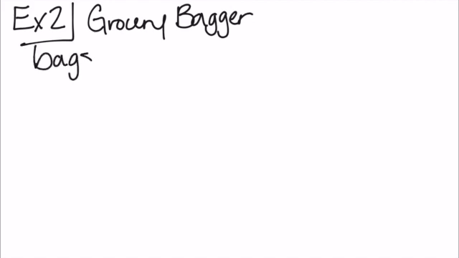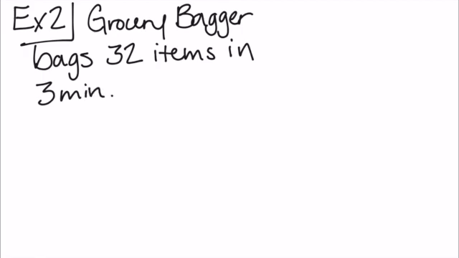So the grocery bagger bags 32 items in 3 minutes. And our job is going to be to find what the unit rate is for this. What's the unit rate? So that indicates that you're going to be finding for one of something.